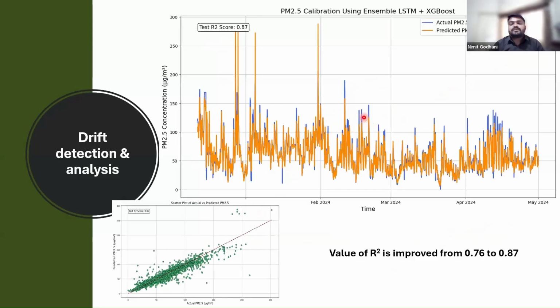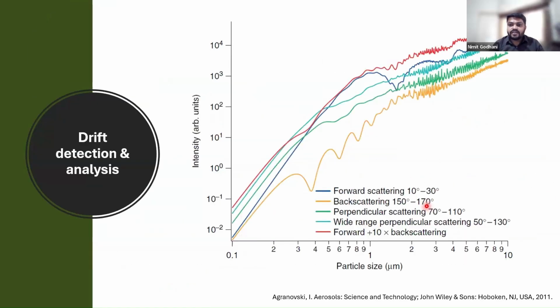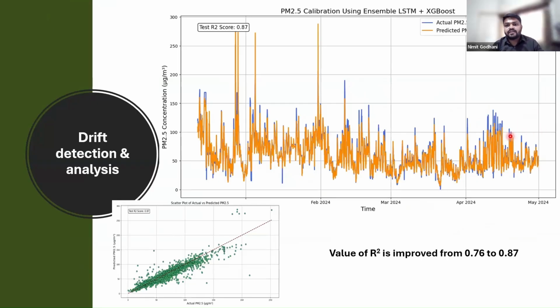Here we used a technique for drift detection and analysis, and we also corrected it. We used an LSTM plus XGBoost method to fit accurately with the original results. Earlier I showed you this period where there was a lot of drift, but after adding this machine learning method, you can see the drift is almost gone, and it's giving almost true values.